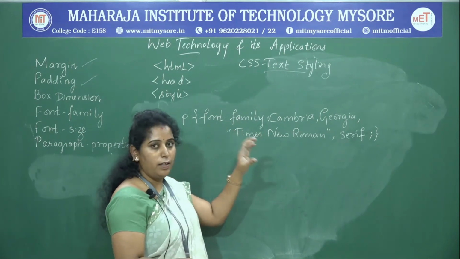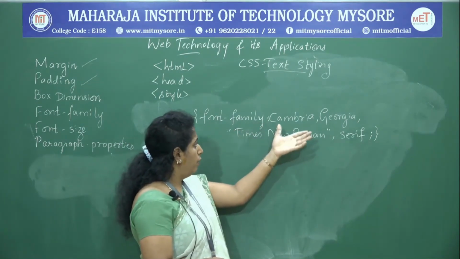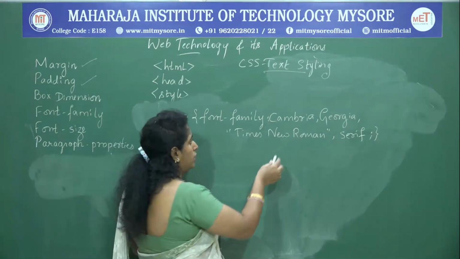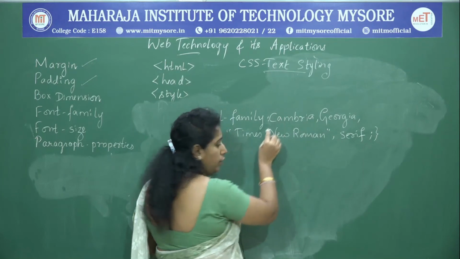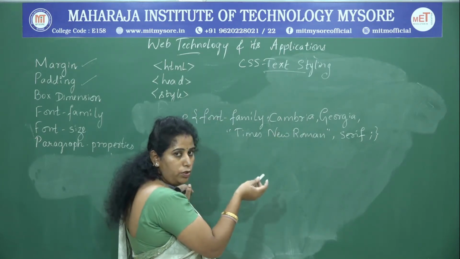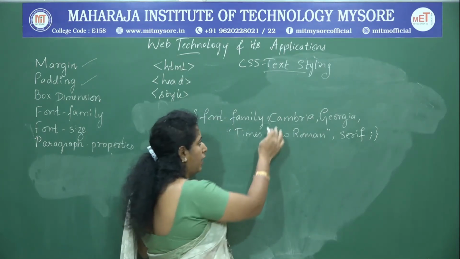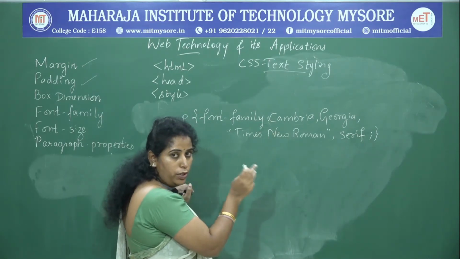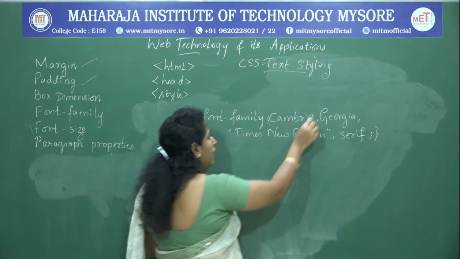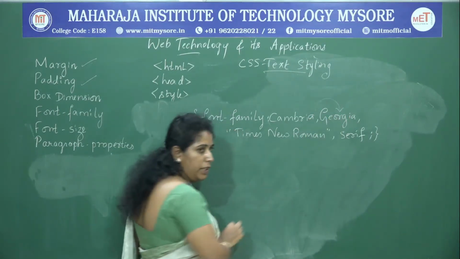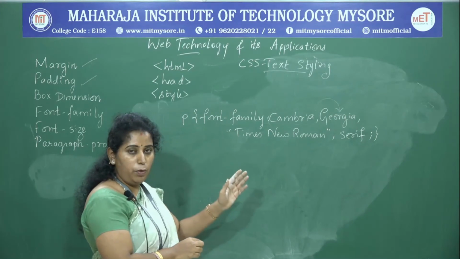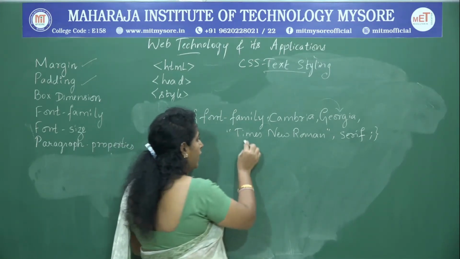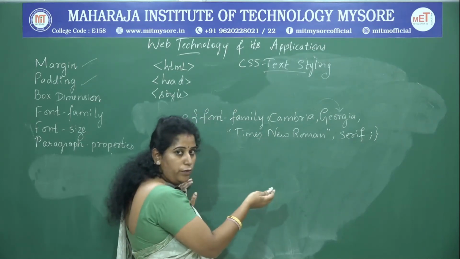There will be four font families. First the browser selects the first font family. If it is supportable, it displays the content as it is using this font family. In case it is not supported by that respective machine, it goes to the second font family. If it is supporting, it prints as it is; otherwise it goes to the next font family.